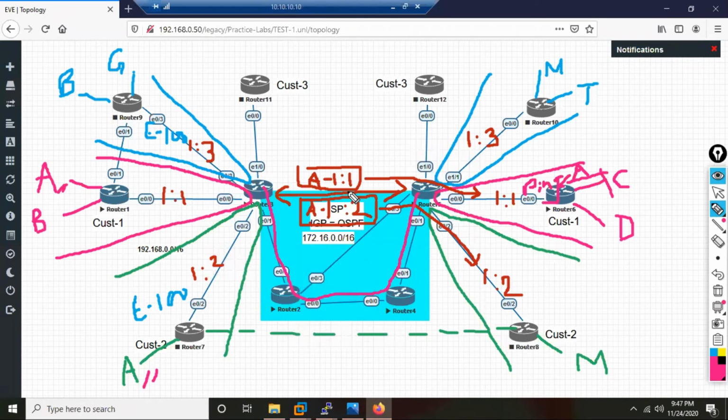For the traffic packets, they are not going to come with 1 colon A. Like the 10.1.1.1 packet will not carry a sticker of 1 colon A. Then what happens? When we redistributed the routes in BGP, the routes became VPNv4 routes. Now when the routes became VPNv4 routes, what does the BGP of R3 do?